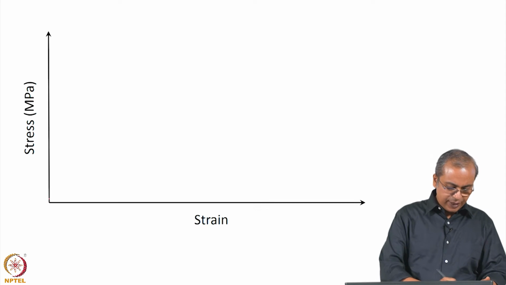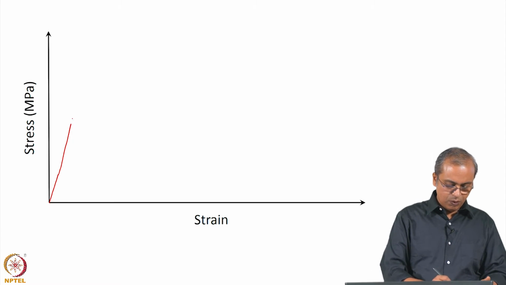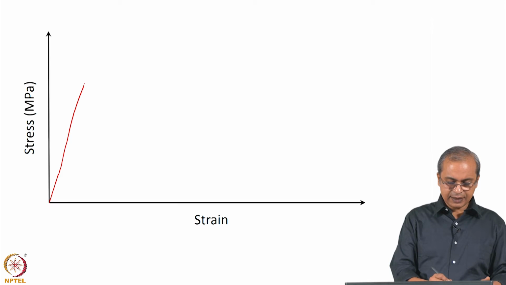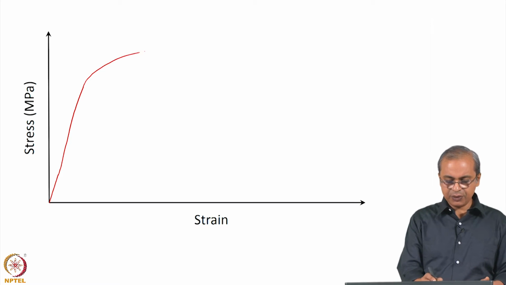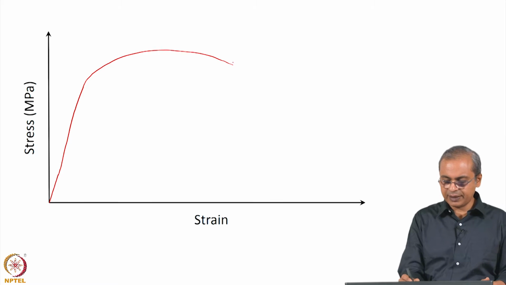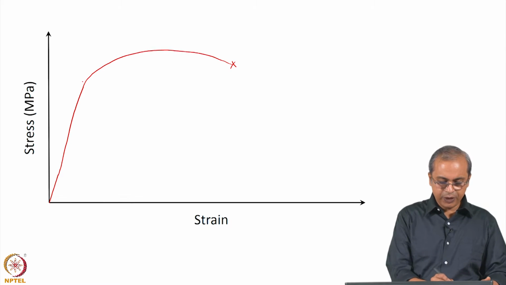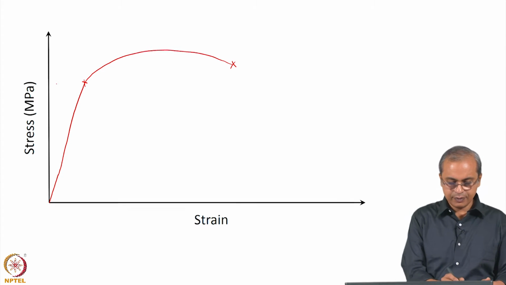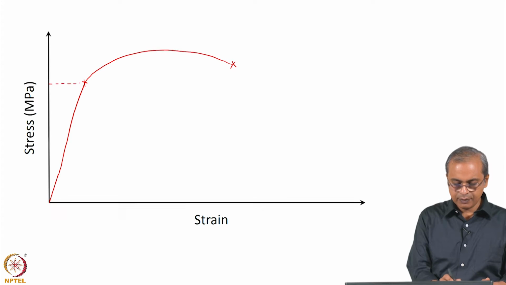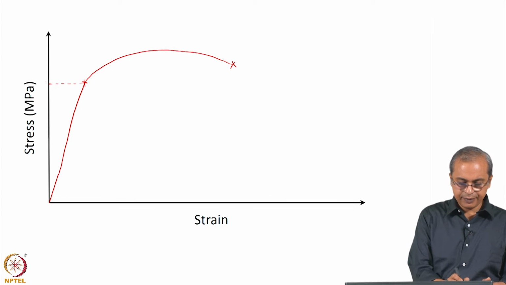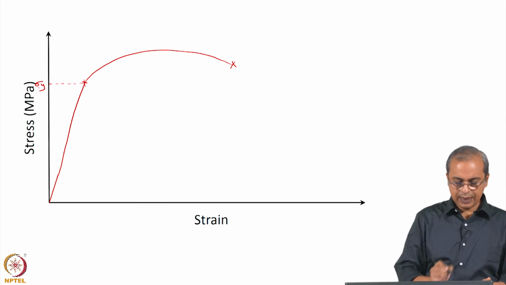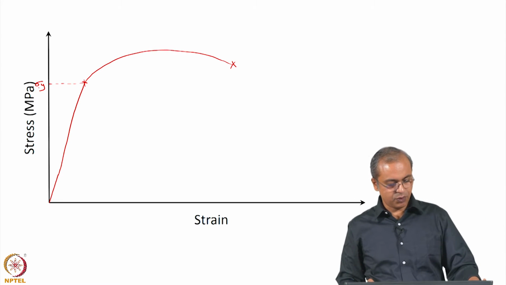So, in general you are going to have data that looks like this, one linear section, and then at some point it will deviate from the linearity, and then you see something that looks like this, and then the sample fractures. So, this is your yield point. So, this is sigma y, that is your yield point. Stress versus strain is what we have.